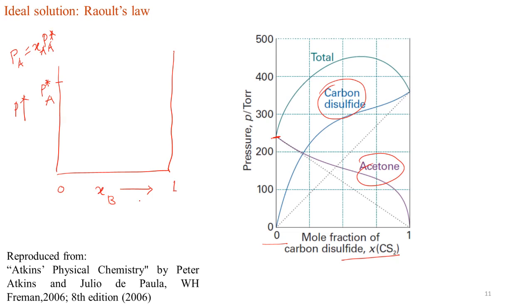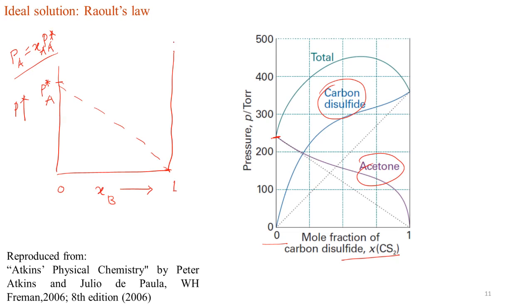And when Xb was 1, it is the pure form of B, so there is no A present. So it should come here, basically zero pressure. According to Raoult's law, this variation is just a linear variation, so it will just come like this.